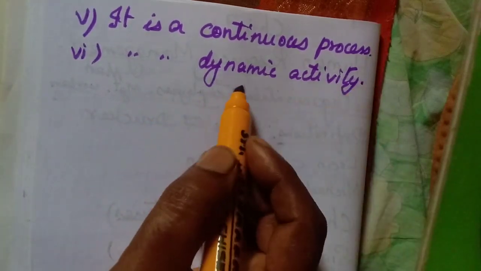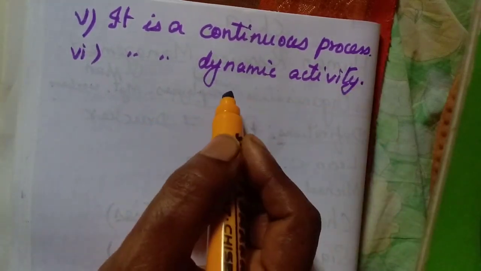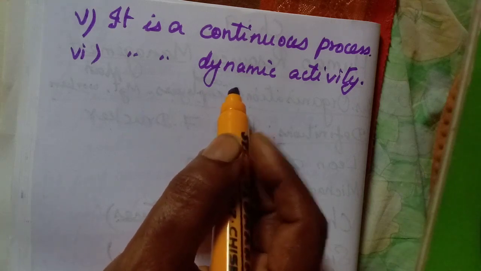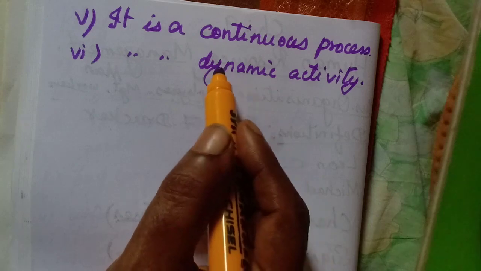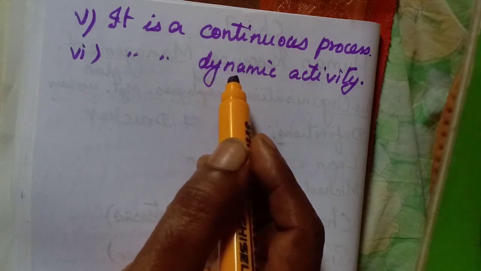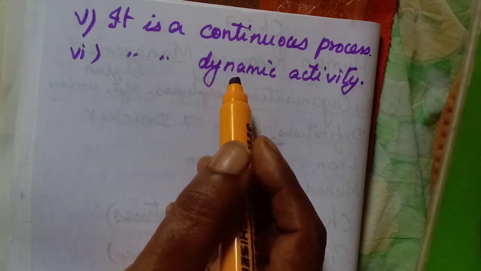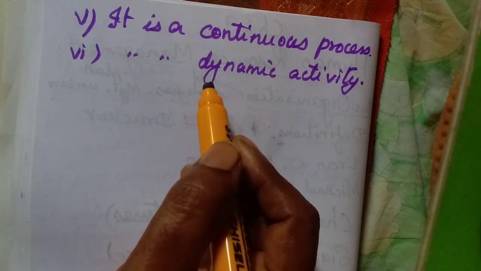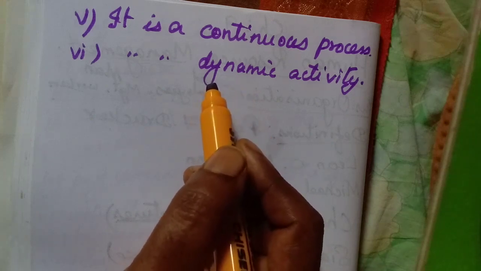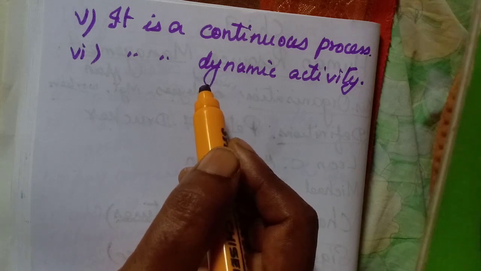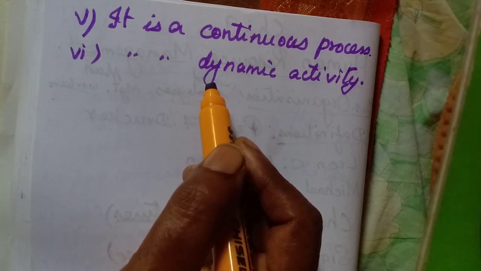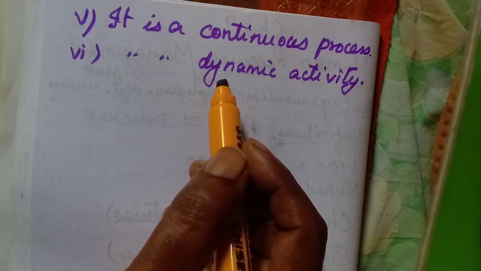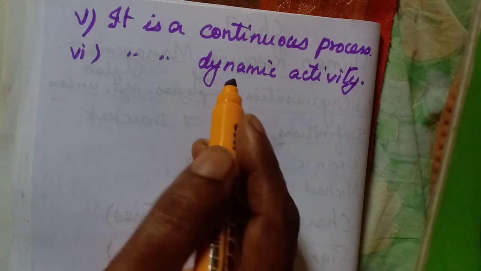We have to change our activities, not very stable, not static, because human attitudes can be changed. So unlike other factors of production, human resource is a little difficult, a dynamic activity, because human beings have their own feelings and emotions.